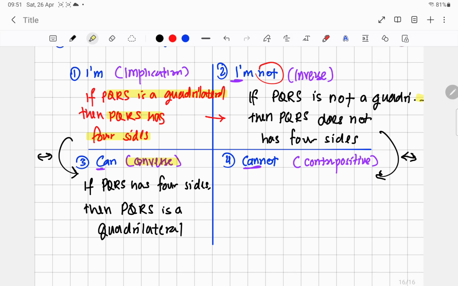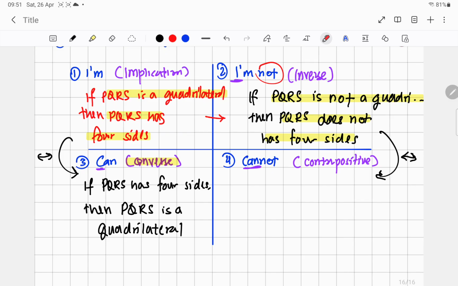For your contrapositive, you will need to shift the inverse. The statements in your inverse are: first, PQRS is not a quadrilateral; second, PQRS does not have 4 sides.